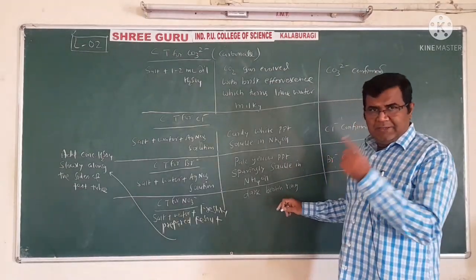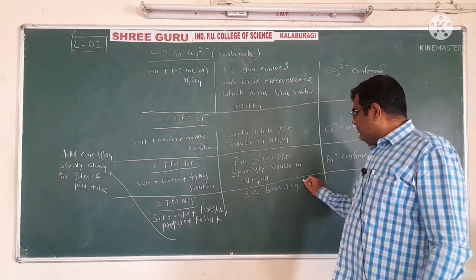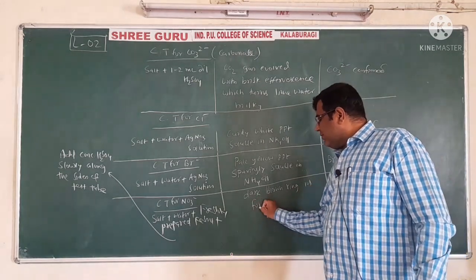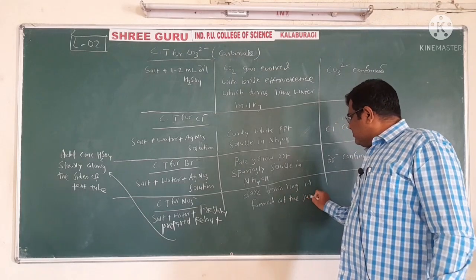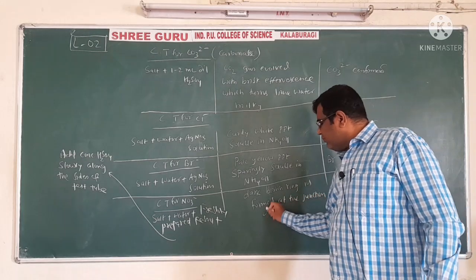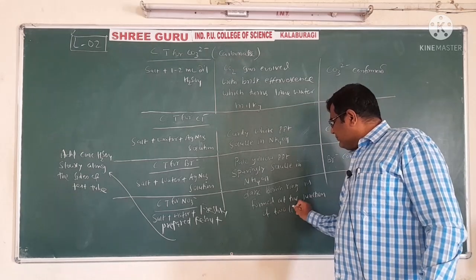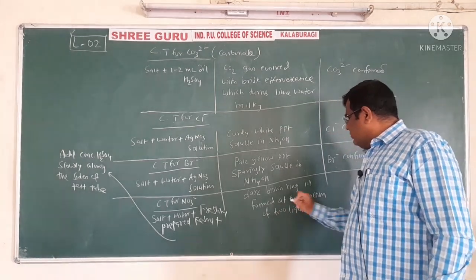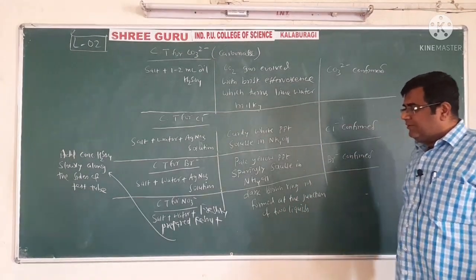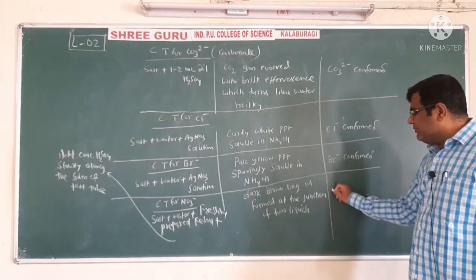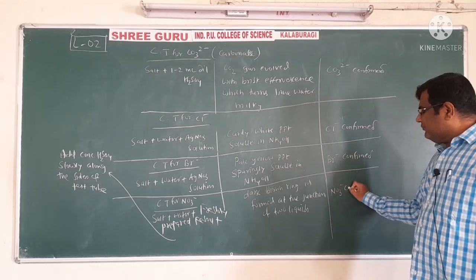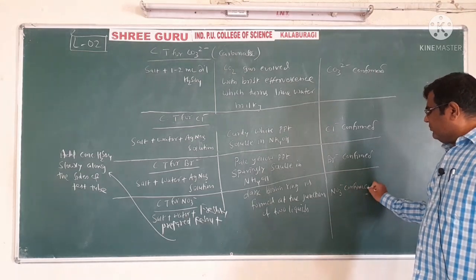Dark brown ring is formed at the junction of two liquids. If this happens, then we have only one conclusion, that nitrate is confirmed.